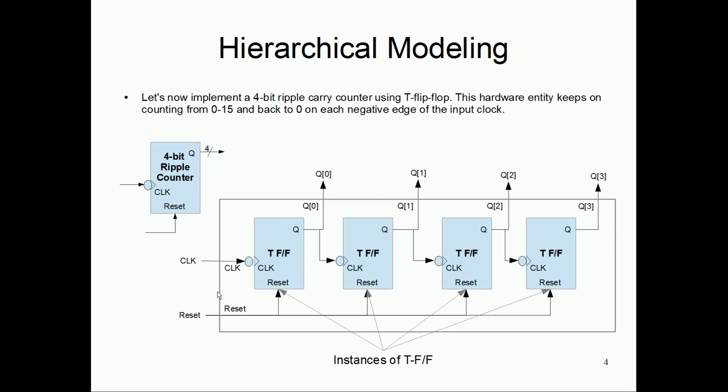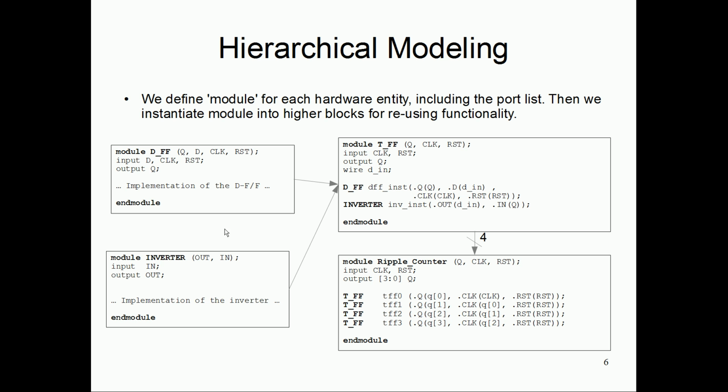So when we say I'm connecting the Q port of the D flip-flop instance with the Q port of the T flip-flop, implicitly we mean there is a wire connecting the D flip-flop internal port to the external output port of the T flip-flop at the top level hierarchy. So this is how we make the connection.